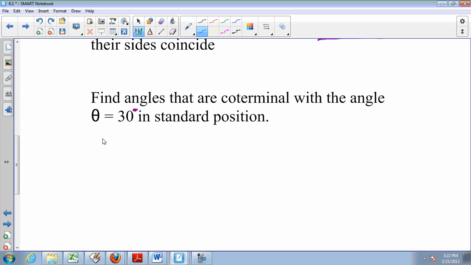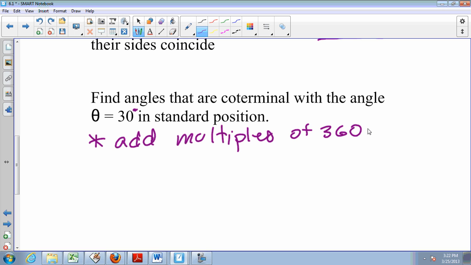To do this, we add any multiples of 360. So we take our 30 degrees and add 360 and we get 390.